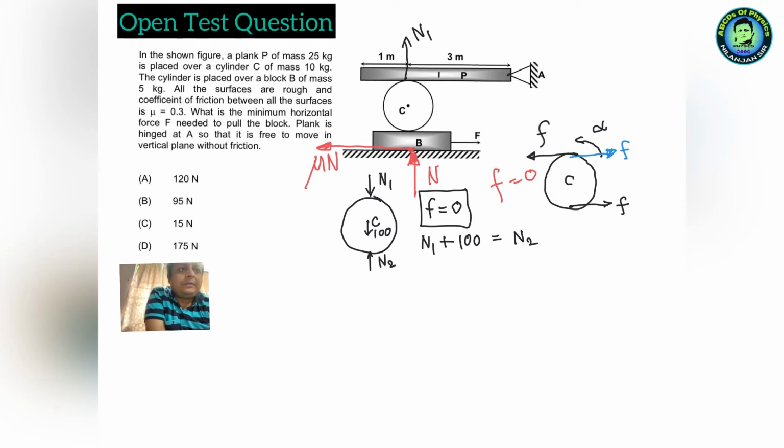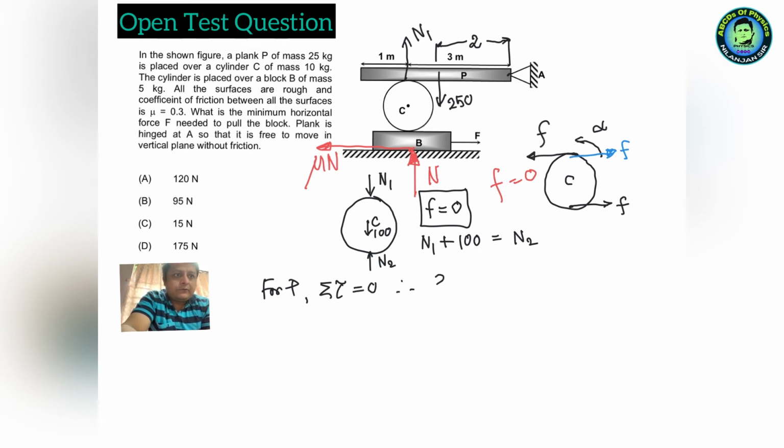For the plank P, what's the weight? 250 Newton. The total length is 4, so the distance to the center is 2. So if you balance torque for P, the resultant torque is equal to 0.